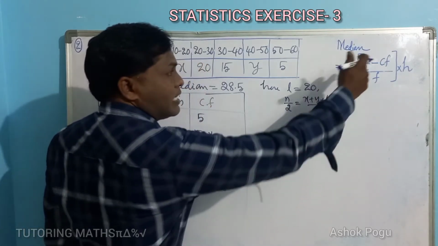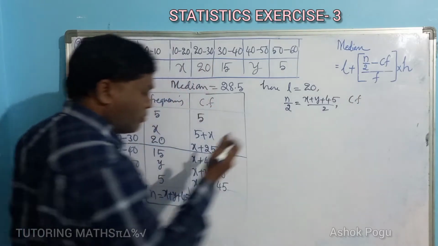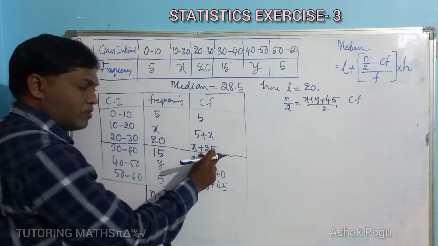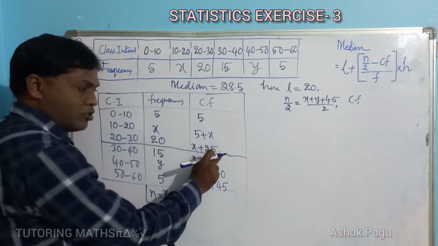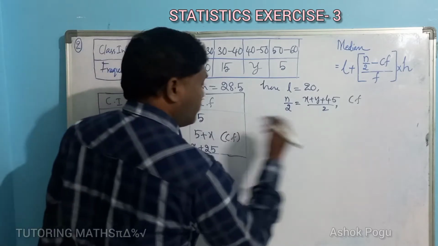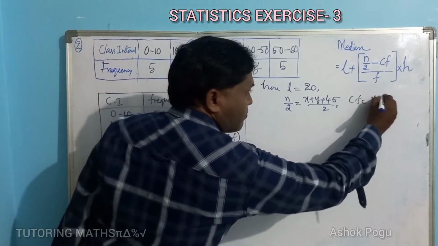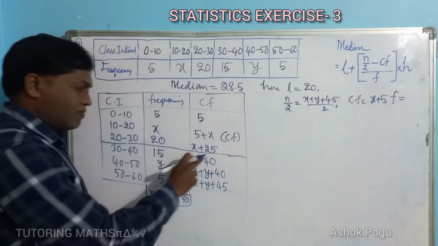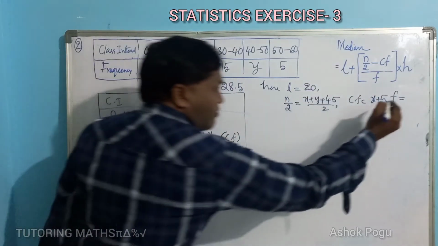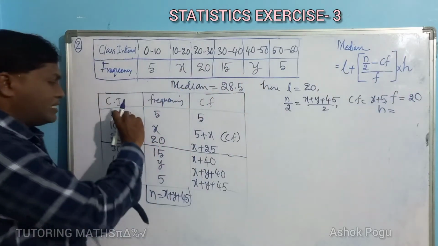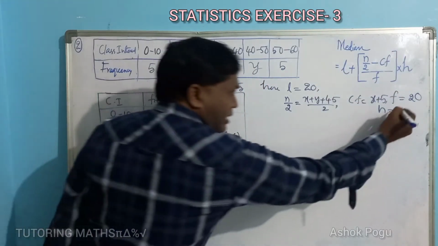And next, cumulative frequency of the class preceding the median class. This is the median class, and this becomes the preceding one, so cumulative frequency is x plus 5 or 5 plus x. And small f, what is small f? Median class frequency. And h, the height of the classes, increasing by 10.